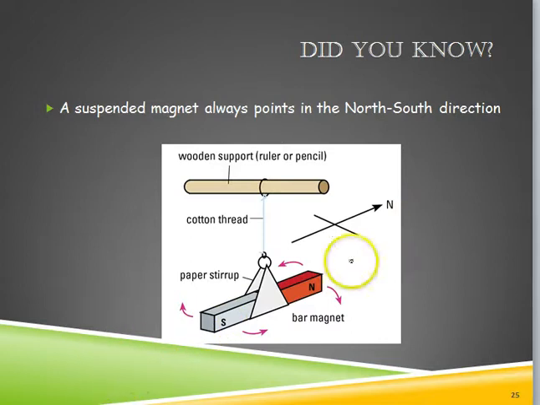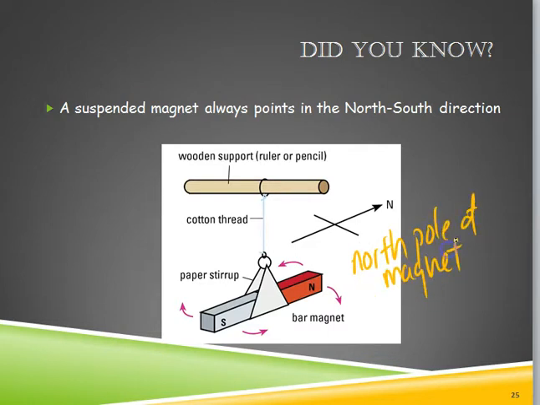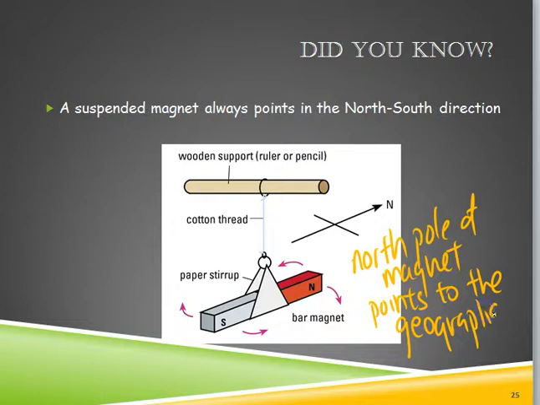Okay, so let me write it down. North Pole of magnet points to the geographical north. Okay, and the South Pole points towards the, okay, this one is just the opposite.